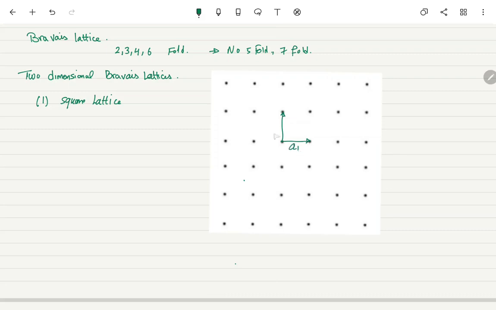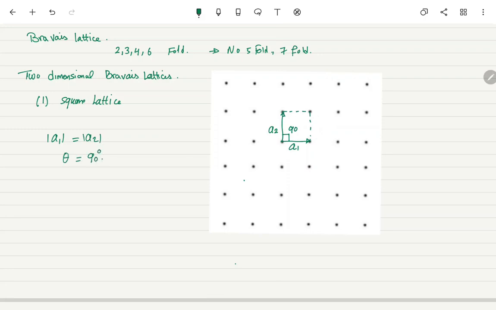This is A1 and this is A2, and the angle theta is equal to 90 degrees.